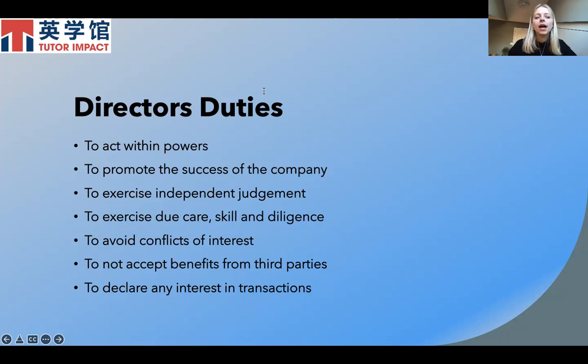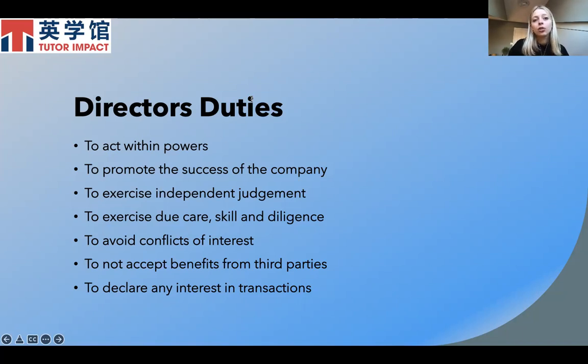What this means is that if a director wants to enter into a contract, he must be authorized to do so. So the director could not just go off and enter into contracts on behalf of the company unless he has been authorized to do so. So that's acting within powers.